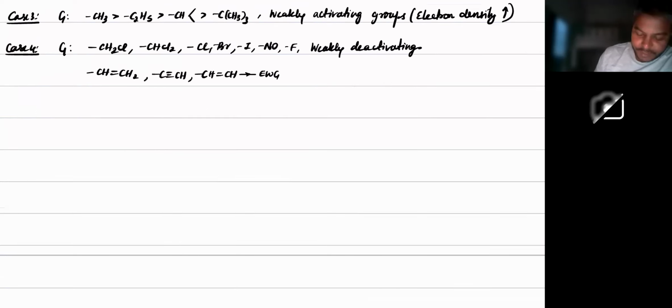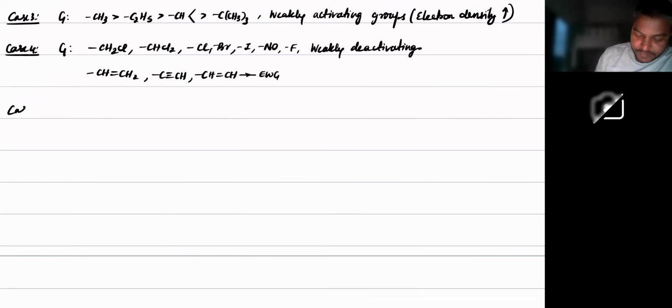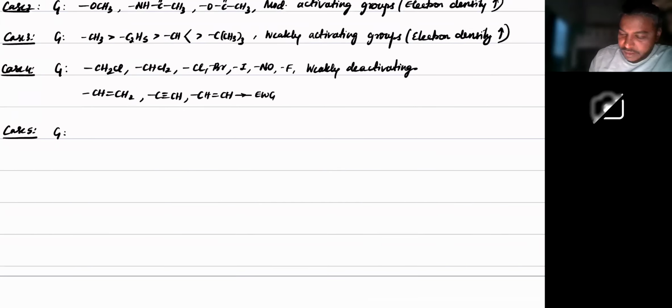Understood? Next, case 5, groups where electron density decreases.